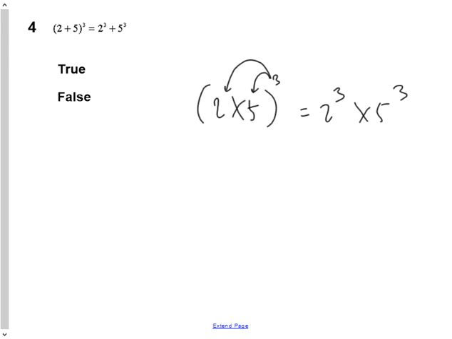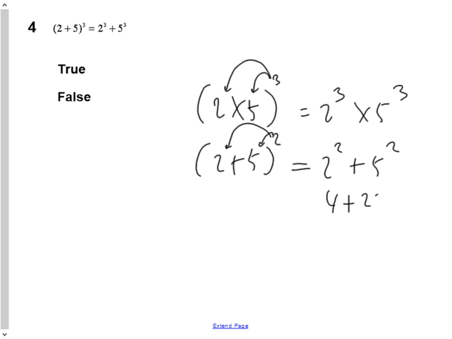However, when you are adding, you cannot take that exponent and apply it to both of these parts, because if you actually work that out, this would work out to be 8 plus 125, which is 133. And if I actually work this out in brackets, it would be 7 cubed, which is 343. So since those things aren't the same value, you can't possibly disperse an exponent across 2 numbers.